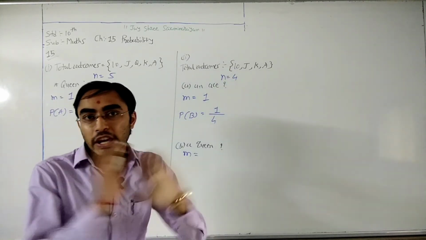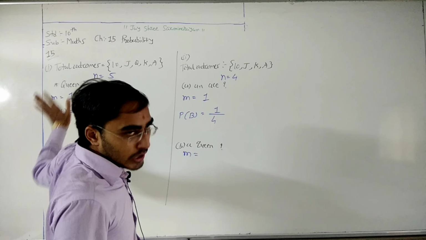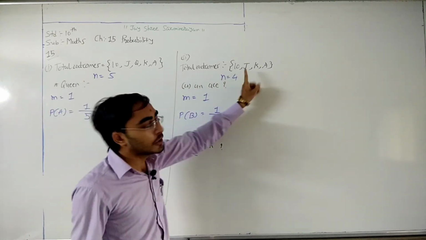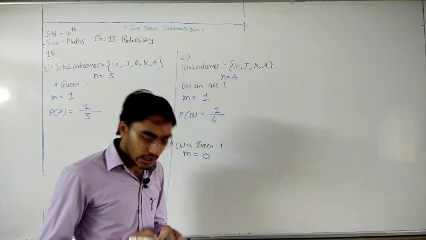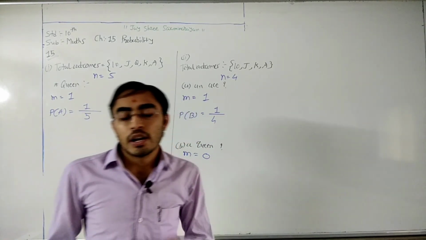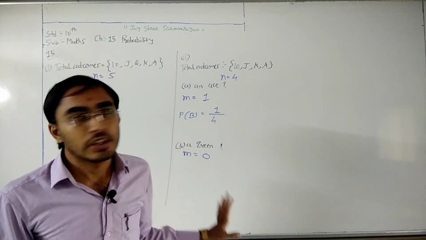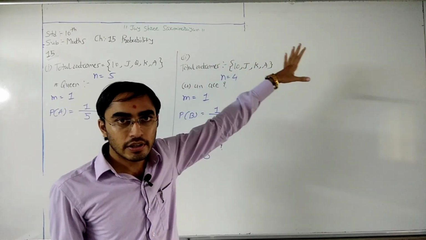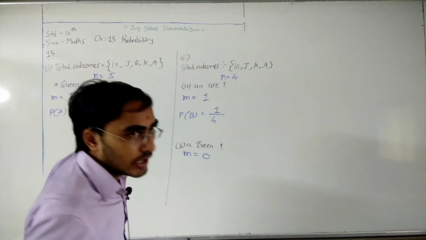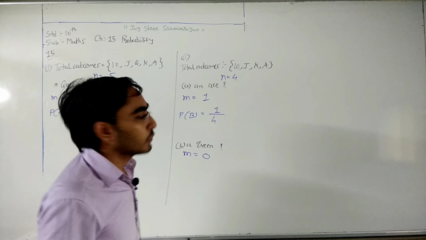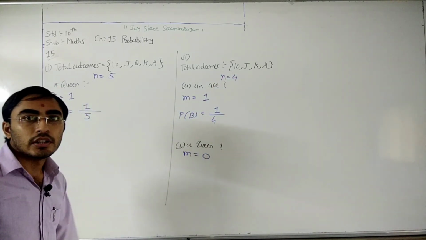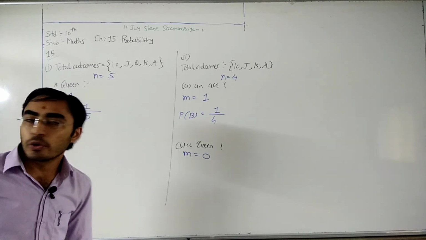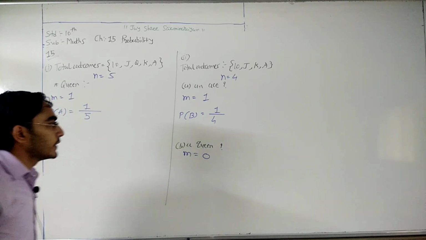Here we do not have any queen because queen is already taken, right? So here we do not have queen. So m is equal to 0. Our favorable outcomes is 0. Here we do not have queen, right? Because it is already taken, so we need to remove it. So total number of outcomes 4 and favorable outcomes 0, because here we do not have queen.